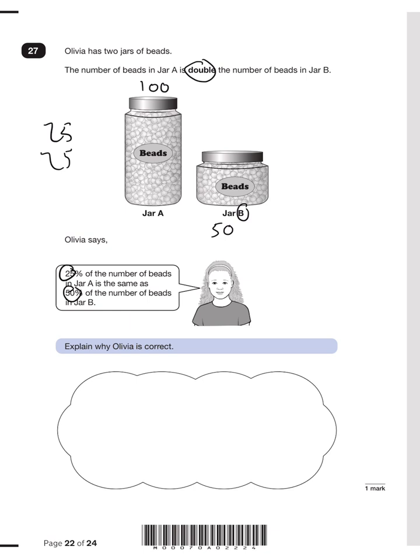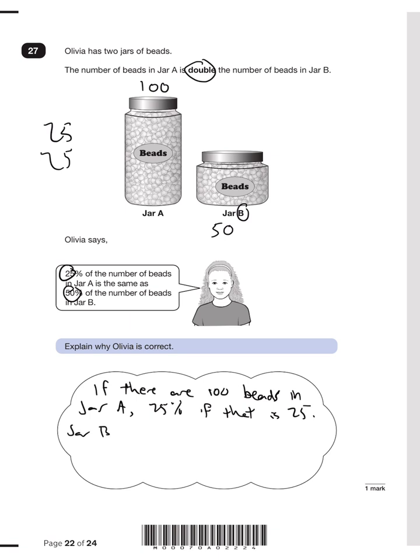So I'm just going to write this down. So I'm going to say if there are 100 beads in jar A, 25% of that is 25.